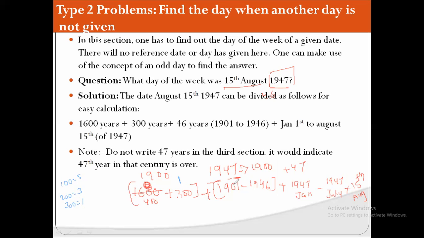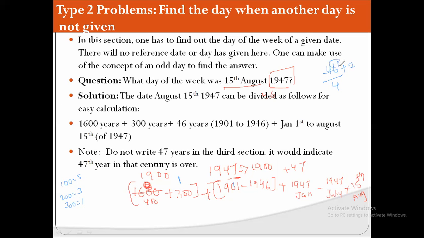Then 1901 to 1946. So total how many years are there? 46 years. If we divide by 4, 4 11s are 44 plus 2.